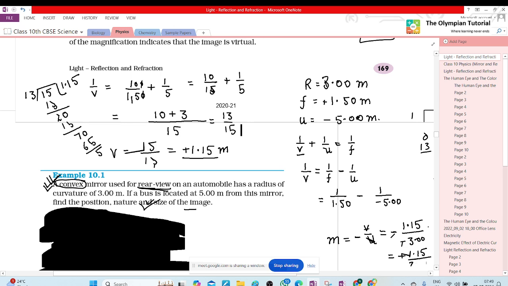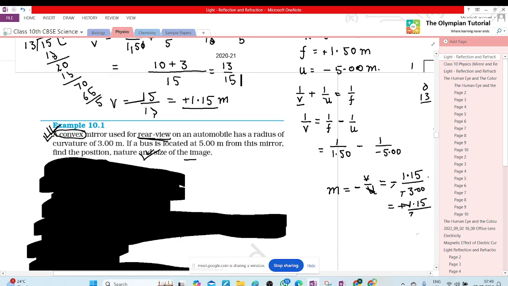If the image is erect, it means it will be virtual. And when we solve it, we will get the value plus 0.23, which is less than 1. That's why the image is diminished. Plus sign shows that the image is virtual and erect.